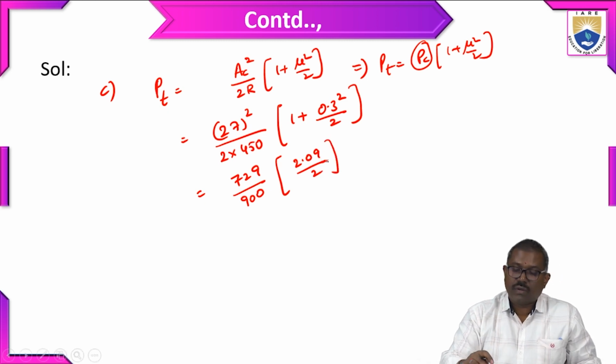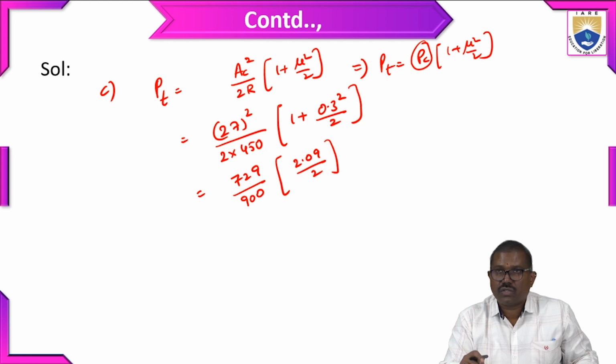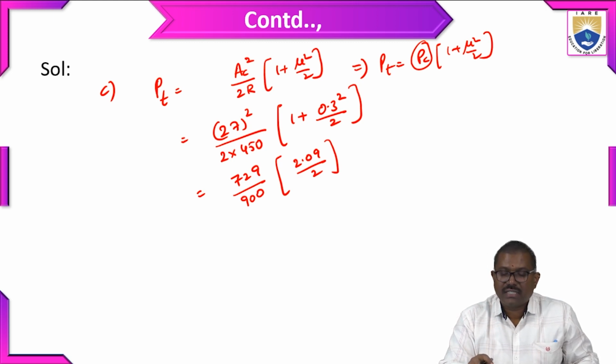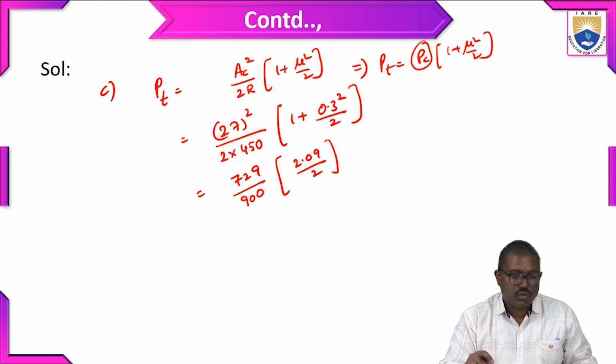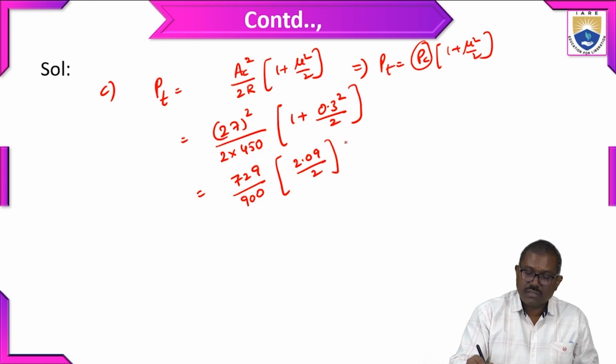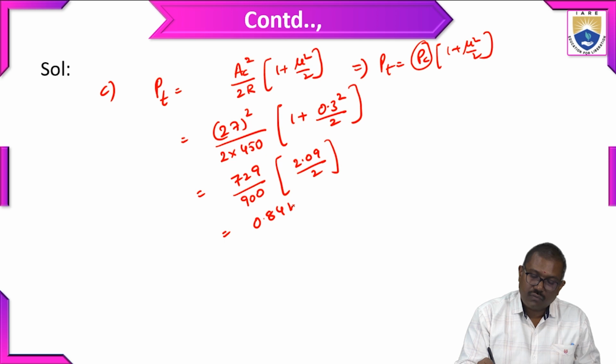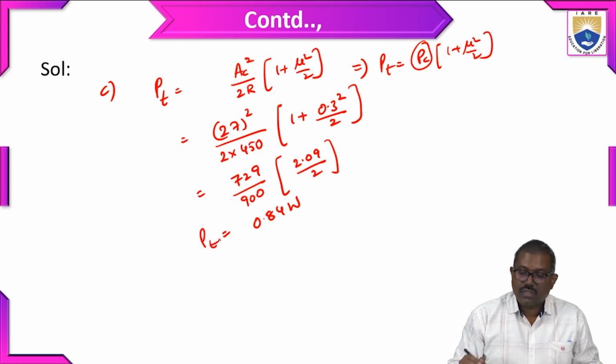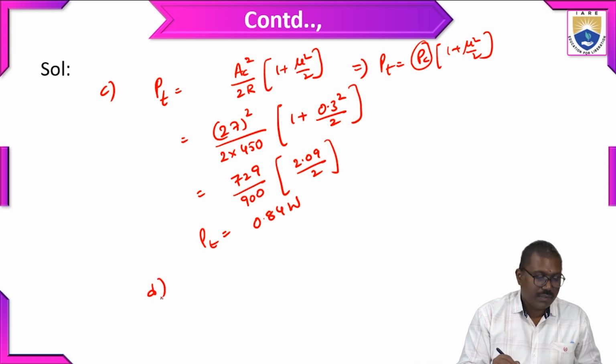So why? 0.3 square is 0.09. So taking LCM, 2 plus 0.09 divided by 2. So 2.09 divided by 2. So after solving all this, you get this value as 0.84 watts. So this is C bit. And we go for the D bit.